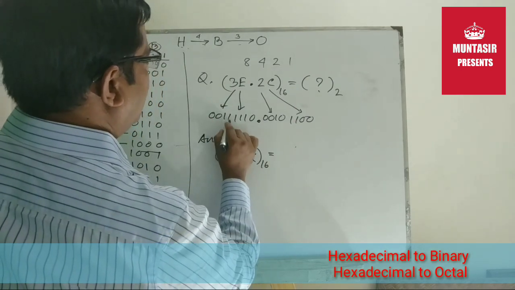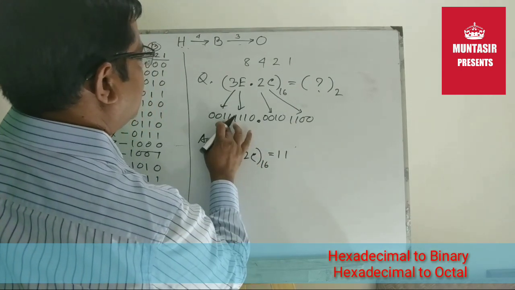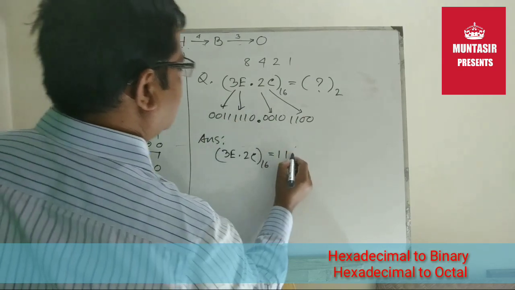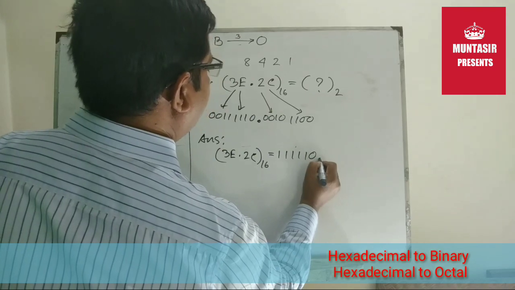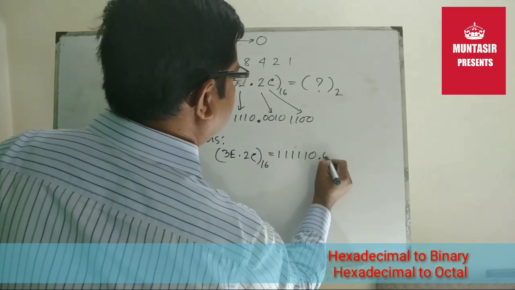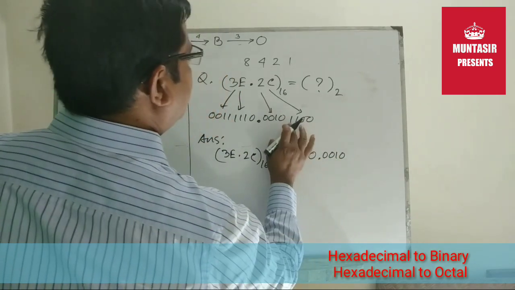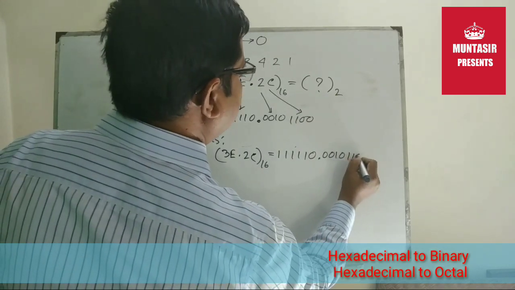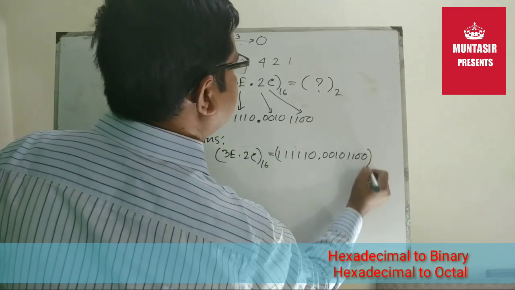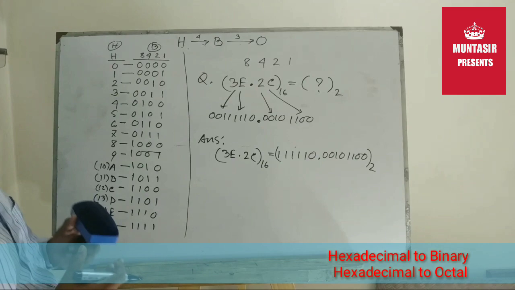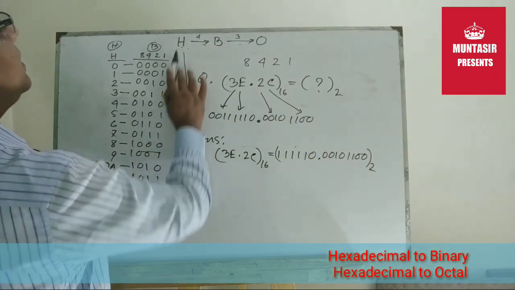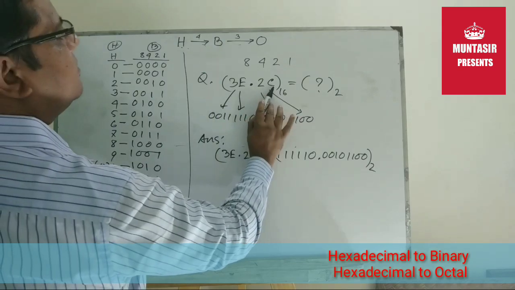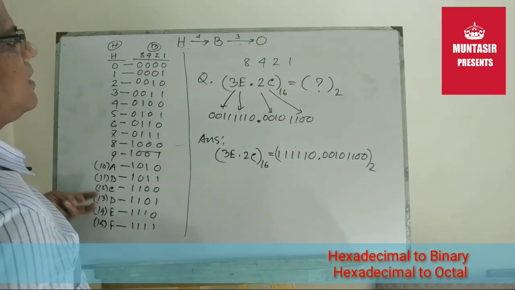The result is 111110.00101100. This is binary. So you can easily convert hexadecimal to binary.